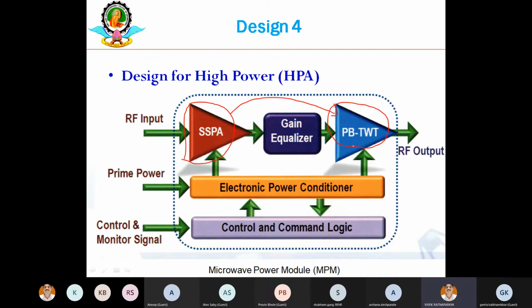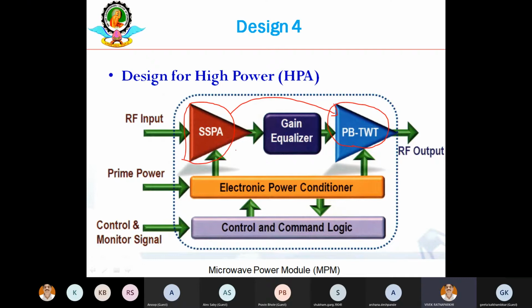The tubes do have their own advantages, because they can produce very high power, in the range of a few hundreds of watts or a few tens of kilowatts, but at the same time they are very bulky, their weight is very high, their startup time is very large, and their noise figure is also very high. So there are a lot of factors to cope with for these microwave vacuum tubes.